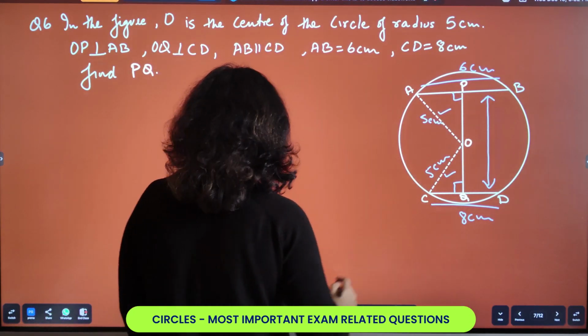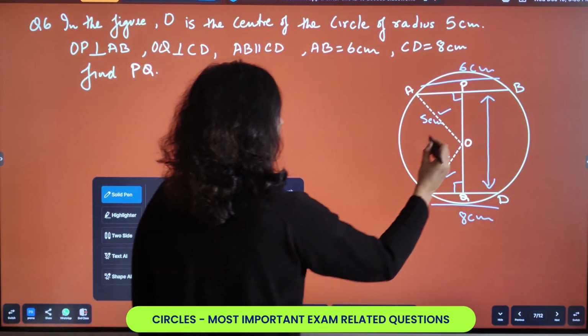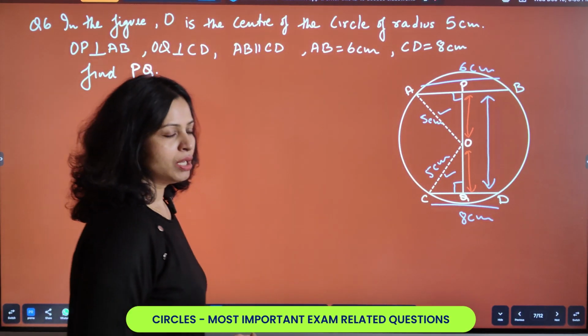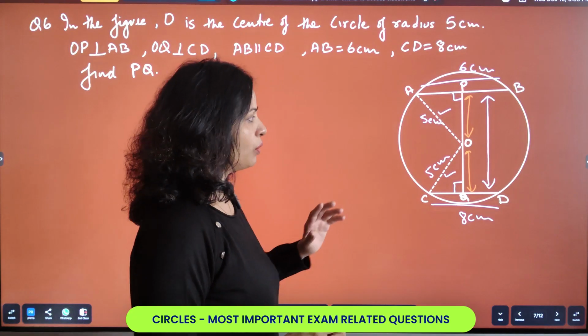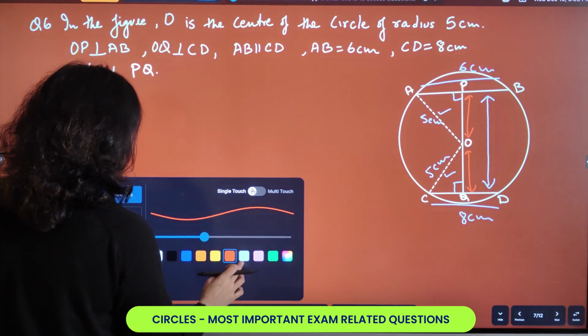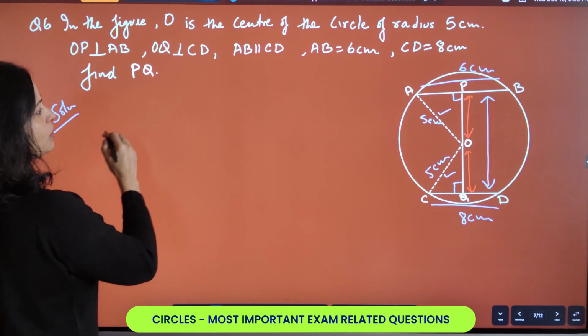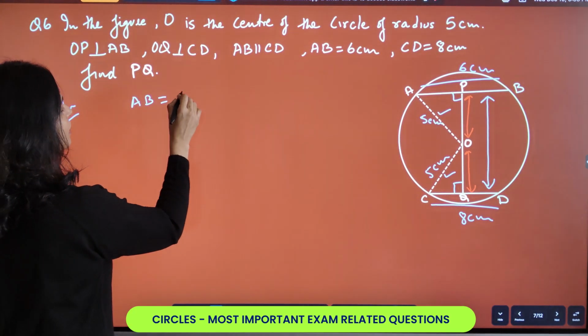Here we can find OP separately and OQ separately by Pythagoras theorem, and we can add them later to find the whole length. AB is equal to 6 centimeter.